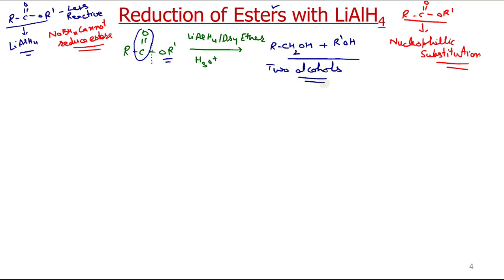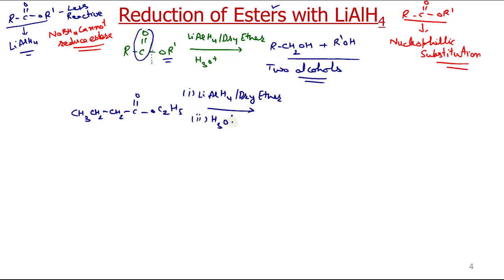So let us write some reaction: CH3CH2CH2COC2H5 on reduction with lithium aluminium hydride, which is used in dry ether or dry THF. And the second step is acidic hydrolysis. As I said, it will produce two alcohols.